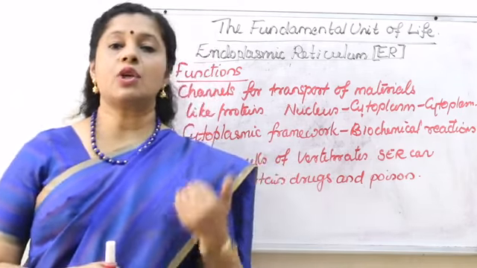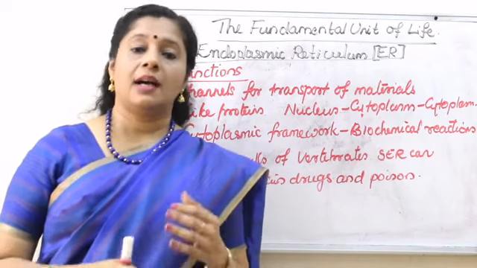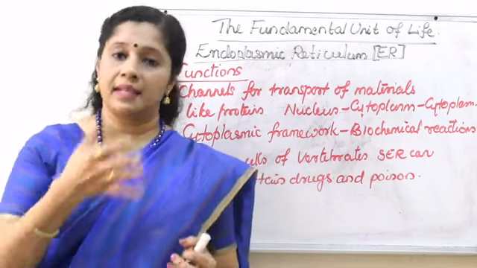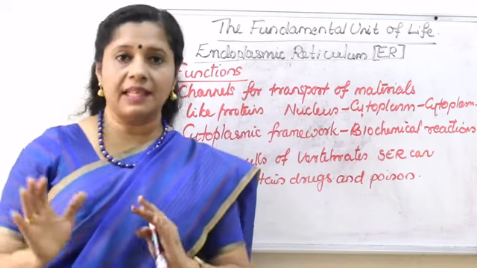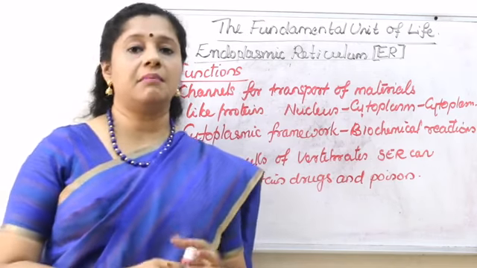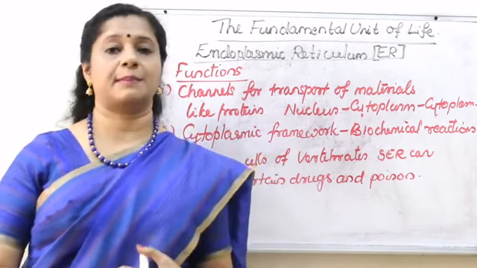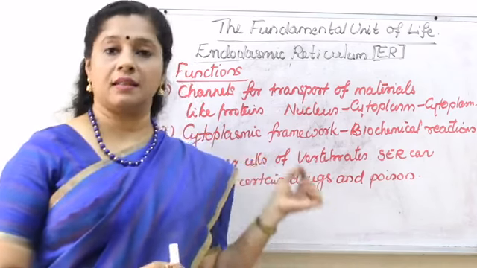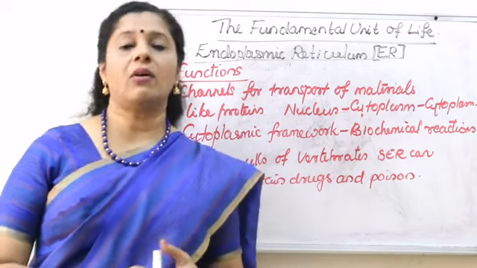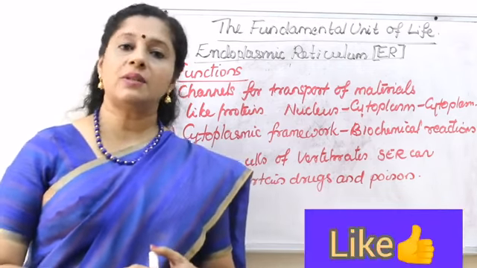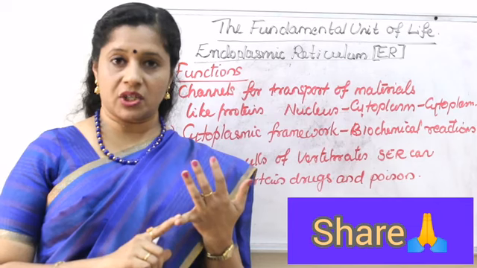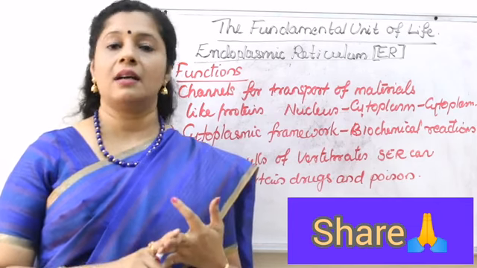That means if some drugs or poisons get inside our body, to a greater extent the liver can detoxify them or nullify their effect. That is done by the SER present in the liver cells of vertebrate animals. These are the important points in endoplasmic reticulum. Any organelle when we are studying, we have to study three aspects: their structure, their location and their function.